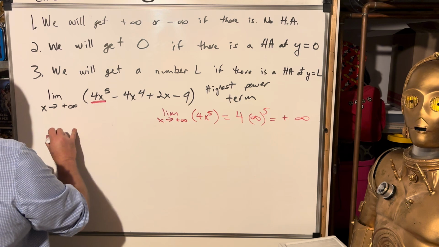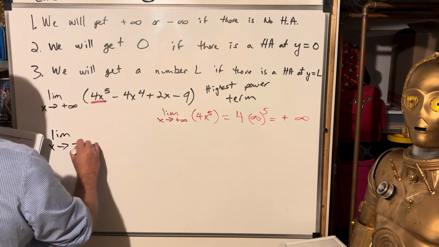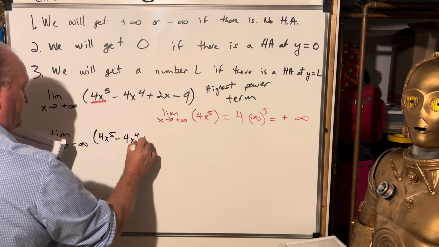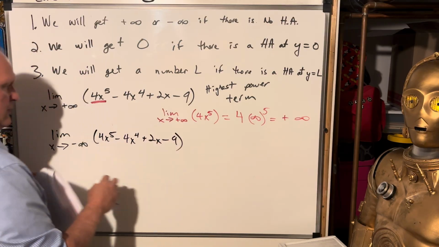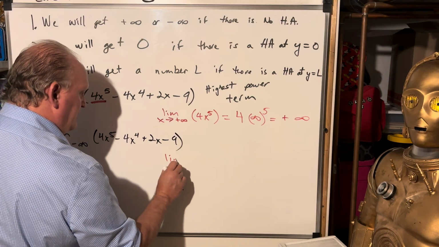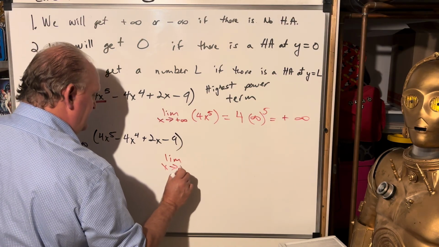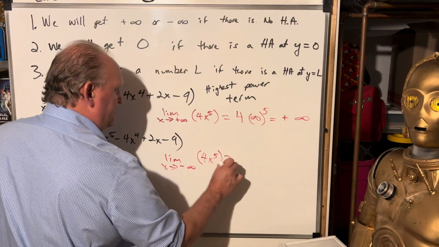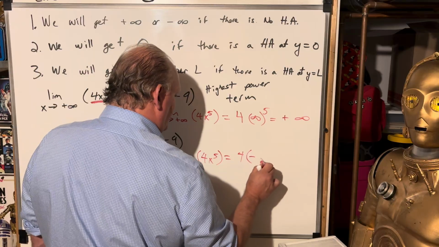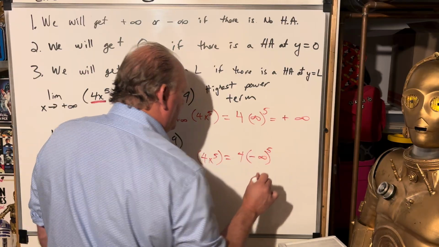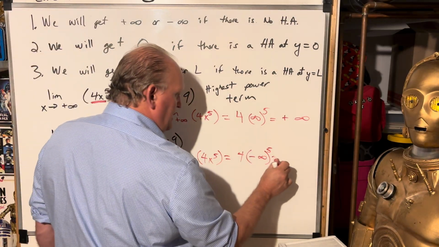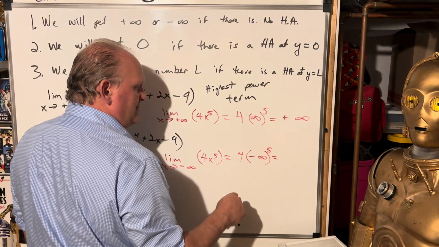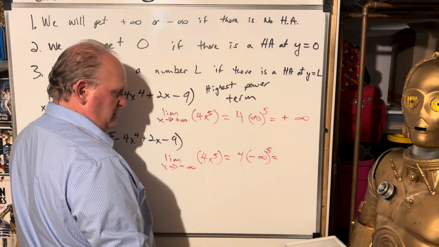Then what if we have the limit as x approaches negative infinity of 4x to the 5th minus 4x to the 4th plus 2x minus 9? Again, we're going to do the limit as x approaches negative infinity, but we're only interested in the 4x to the 5th. So 4 times a negative super large number to the 5th power. Now you have to use your brain here, because negative 1,000,000 times itself 5 times is going to be some huge negative number.